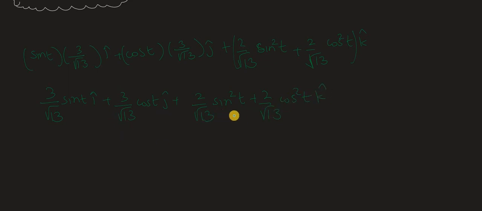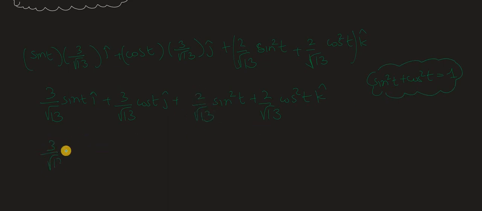And here you guys notice that we can use the trig identity again, sine squared of t plus cosine squared of t is equal to 1. And remember, to use this, we're going to have to factor out the 2 over 13.